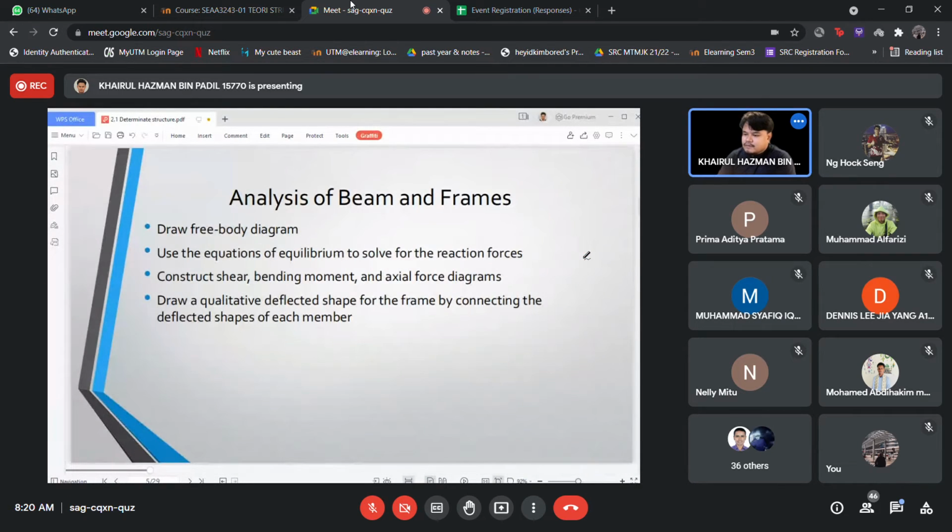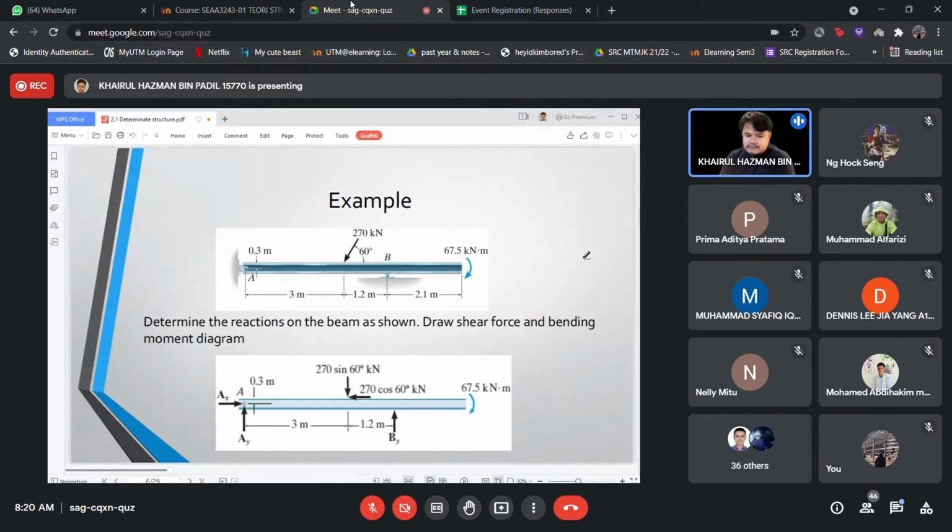For analysis of beams and frames, draw a free body diagram first, and use the equations of equilibrium to solve the reaction forces. Then construct the shear force, bending moment, and axial force diagrams, and draw a qualitative deflected shape for the frame by connecting the deflected shape of each beam. This is the first example.